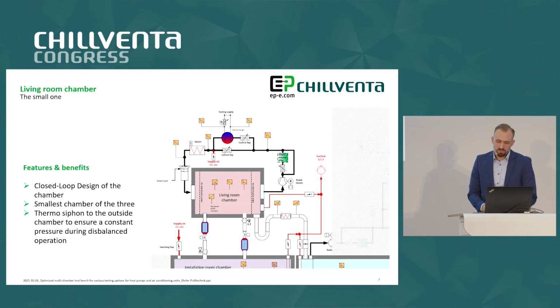The preconditioned air is supplied to the living room chamber. The devices that must be installed in the living room chamber are not so big, only parts of the ventilation units, the decentral ventilation units. Therefore, the chamber is the smallest of the three chambers.